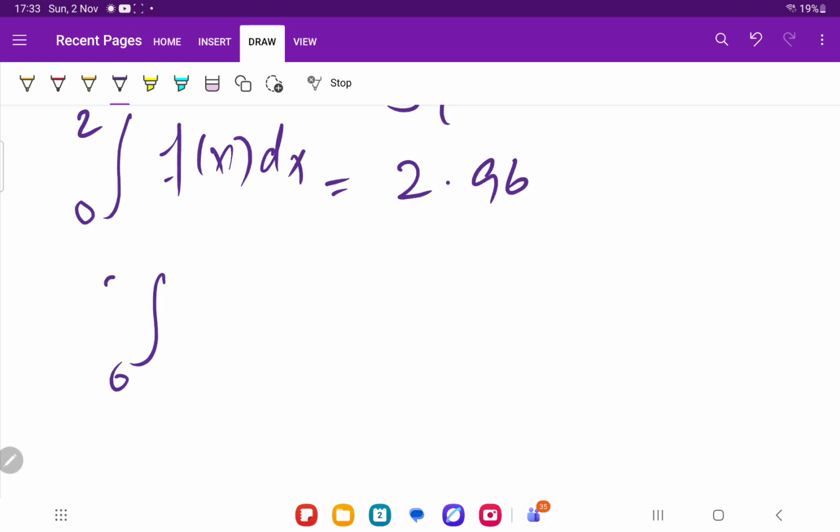Now I am going to test this integration. Okay, so 1 plus x squared, what type of rule could be applied to this function?